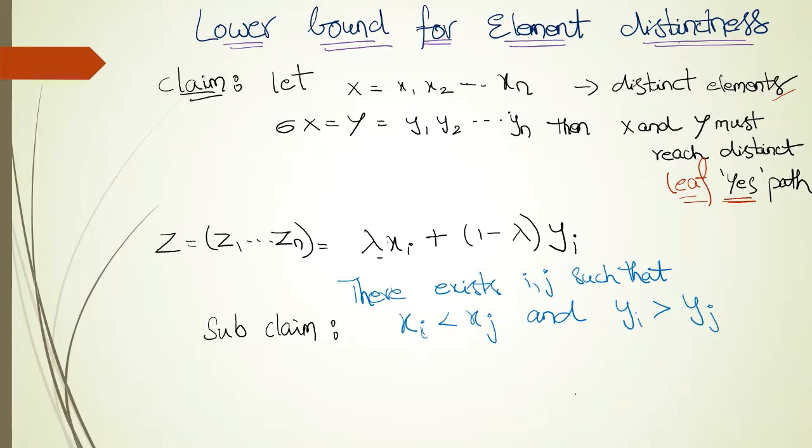For us to prove that there are at least n factorial leaves, each permutation of x should reach a different path, that is, a distinct path.